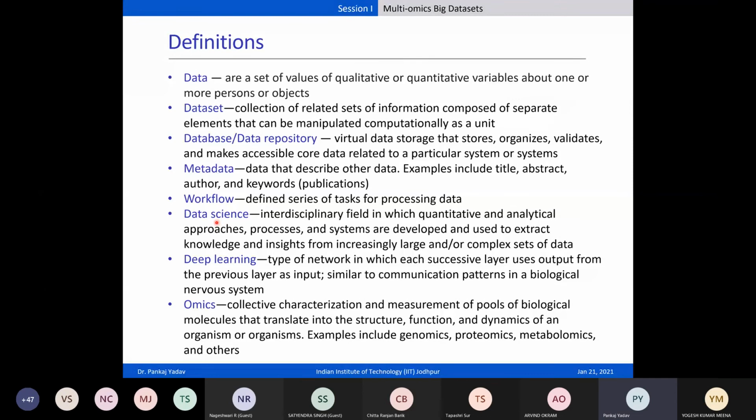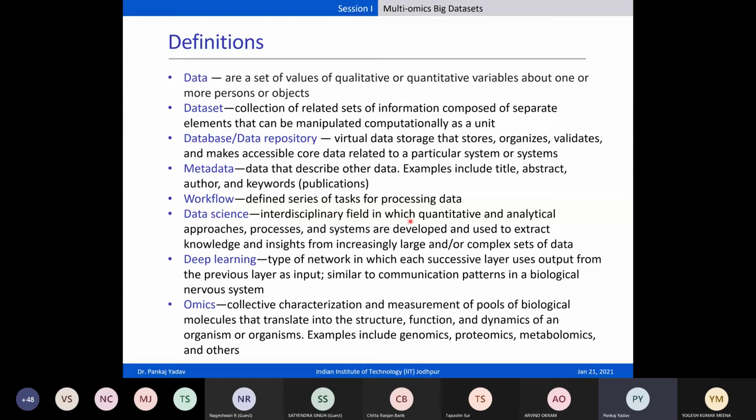Then the hot topic nowadays is data science. Data science has no exact definition, but there are many definitions that people have come up with. In principle, it is an interdisciplinary field because it requires information not only from one domain but from many domains.